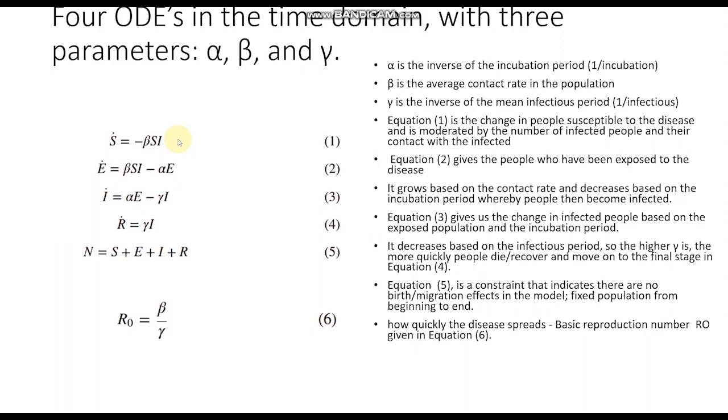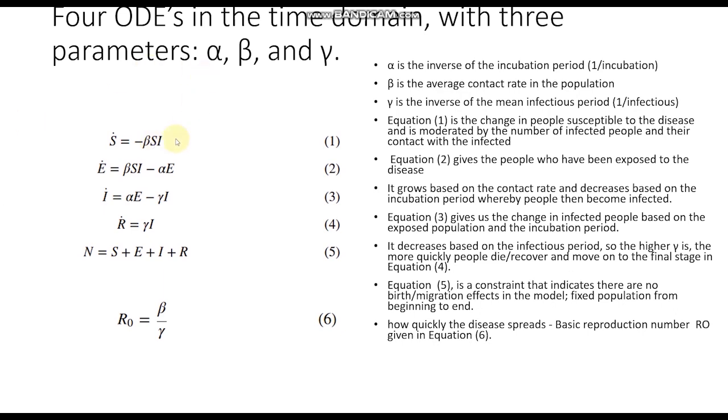Let us define the dynamic of the exposed compartment, dE/dt. It can be defined by subtracting the number of people infected from the number of people already available in the exposed compartment. Here, beta into S into I shows the number of people already available in the exposed compartment, that is the quantity that came from the susceptible compartment from equation number 1.